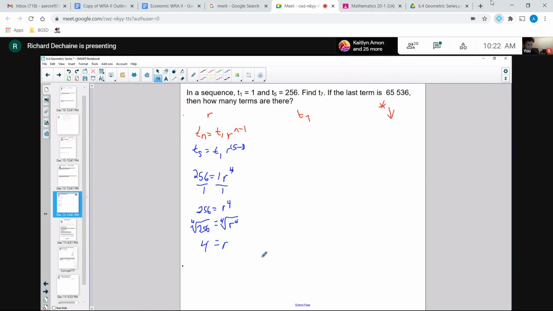In other words, we're timesing our terms by 4. So please go figure out T7 now. You now know your R. Katana, I'm going to ask you what T7 is worth when you're done.